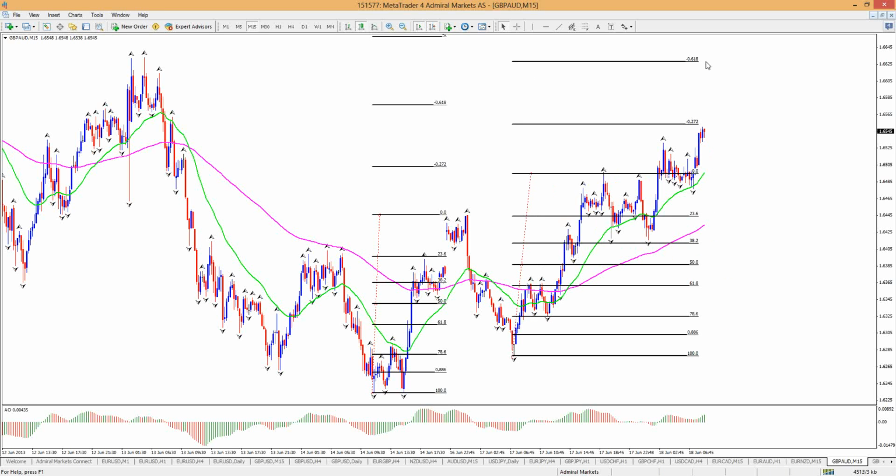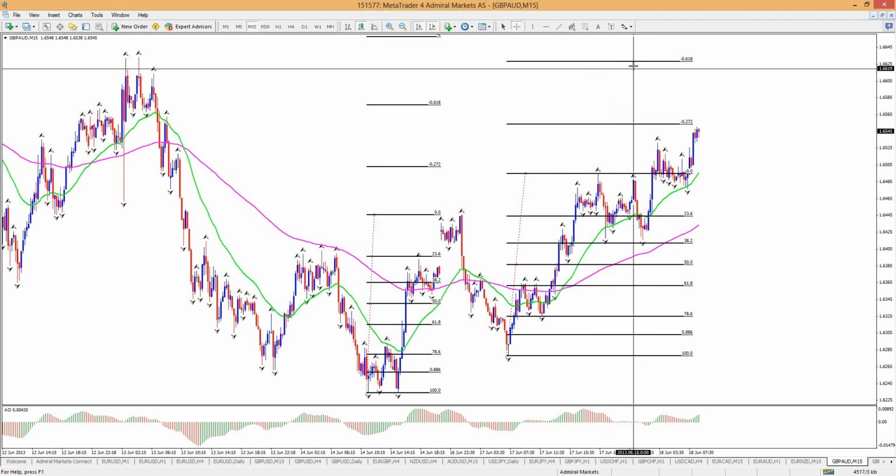To bounce, so that would mean this 618 is the target.